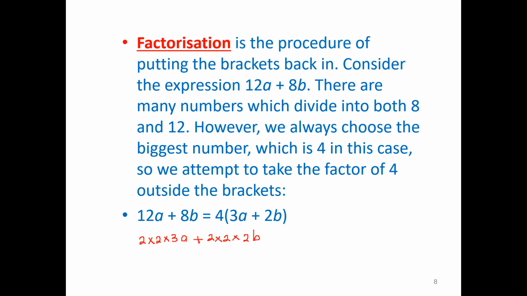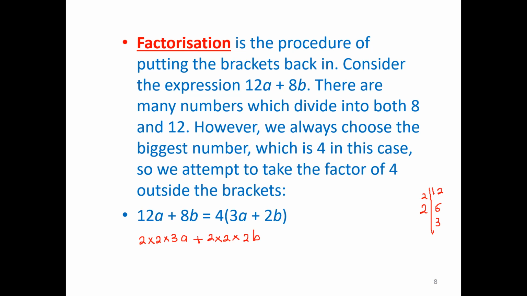If you don't know how to do this factorization, I will do this in detail here. So 12, to get its prime numbers, first you divide by 2, you will get 6. 6 divided by 2, you will get 3. So always you divide by 2. If the number cannot be divided by 2, you divide by 3.